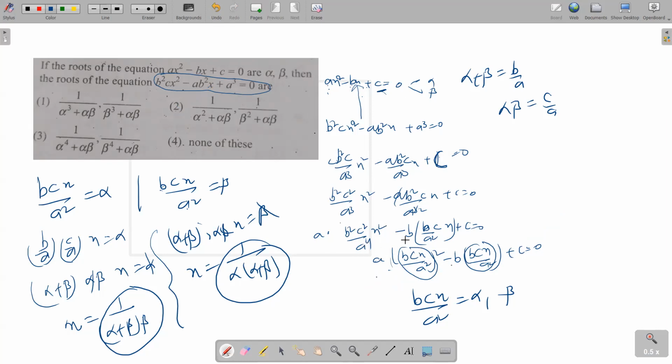A into something, minus B into something, and I noticed that this something and this something are the same. So I'll name it as some other variable. So A T squared minus B T plus C. It has two roots, alpha and beta. So T will be alpha and T will be beta, and T is what we have assumed. So this is actually alpha and this is actually beta. And B by A we can replace in terms of alpha and beta, C by A we can replace in terms of alpha and beta. Okay, got it.